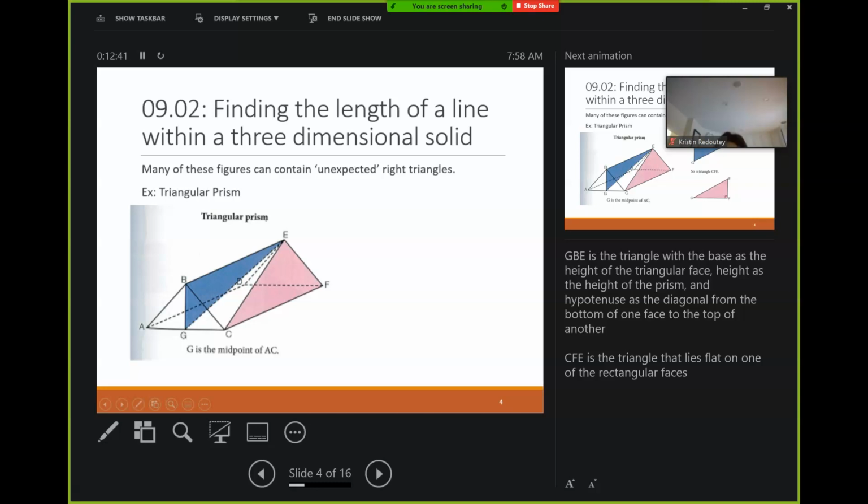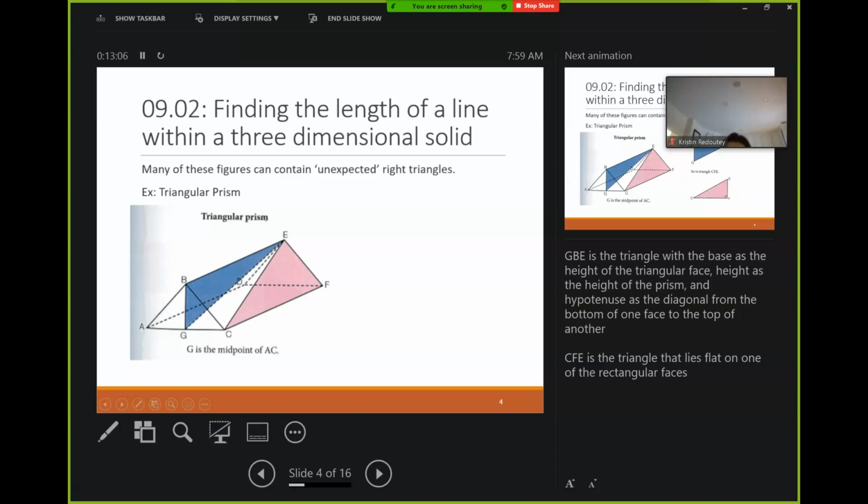And GC is like this internal diagonal that's going from the midpoint of AC through the inside of our prism to this other point E.